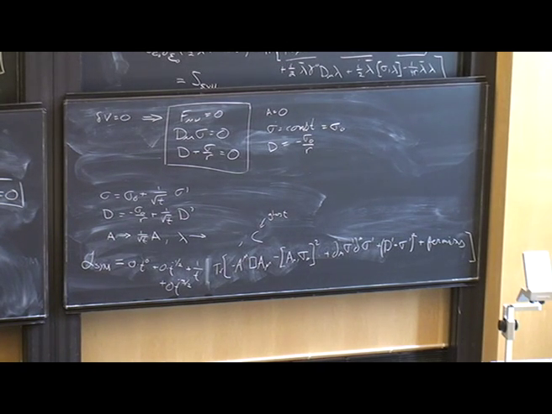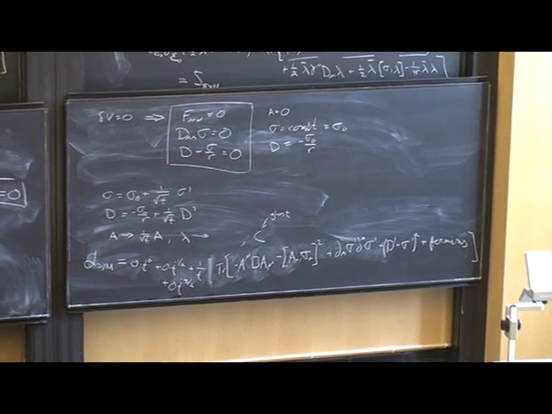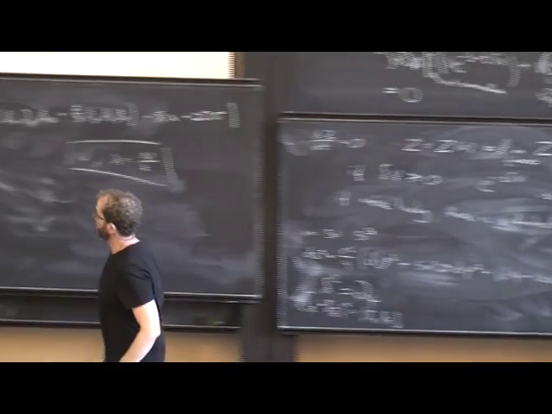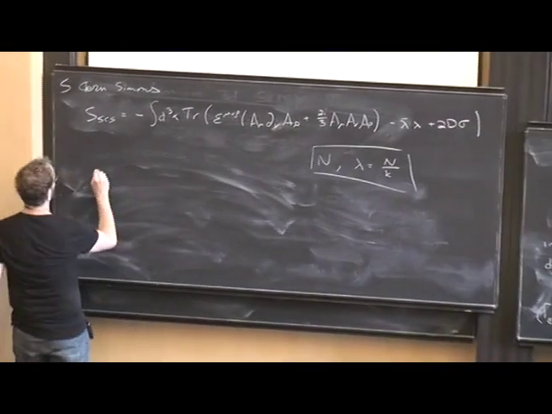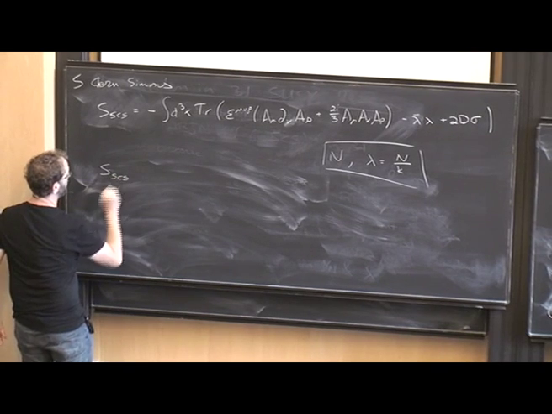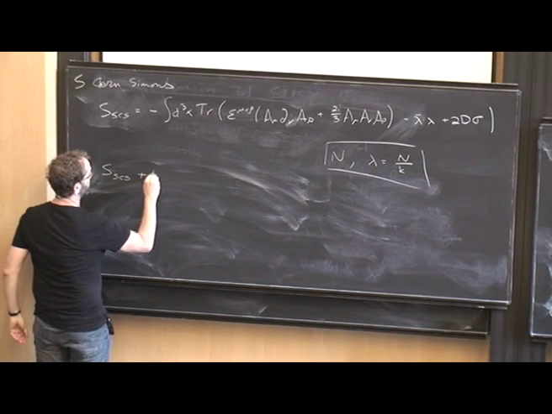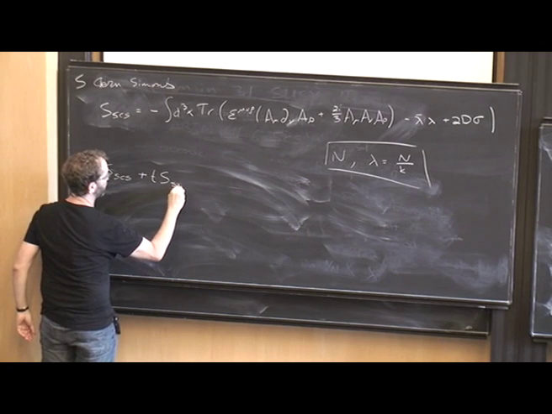But now, when I consider my theory, what I should include in my calculation is e to the minus the original action minus t times the localizing action. So I need to calculate S super Chern-Simons, for example, plus t S super Yang-Mills.